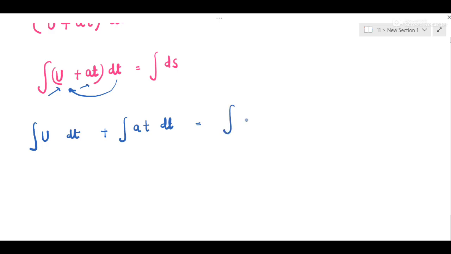And this side it is ds. Now this term is getting integrated with respect to time, but there is no time, so we'll write t to the power 0. Here we have t to the power 1, and here we have s to the power 0 because it is integrated with respect to s. Let us put limit 0 to s. This is with respect to time, so 0 to t. This is also with respect to time, so 0 to t.